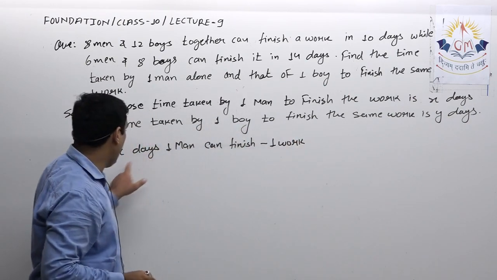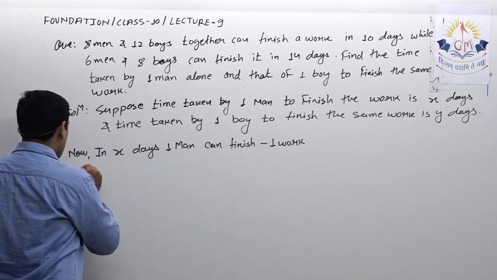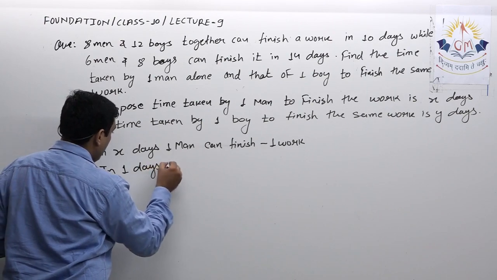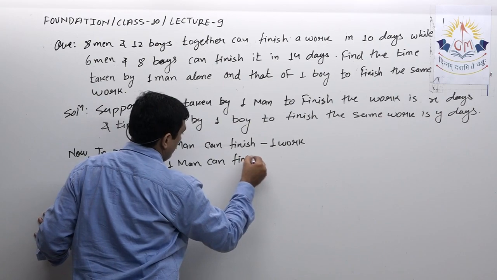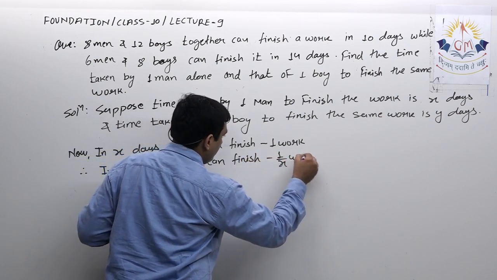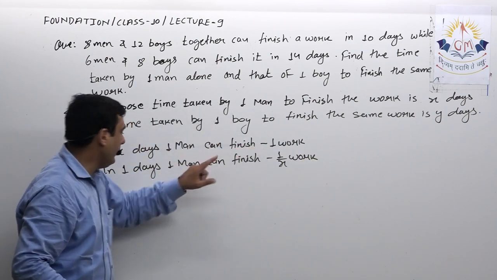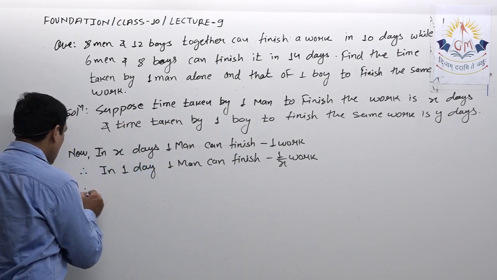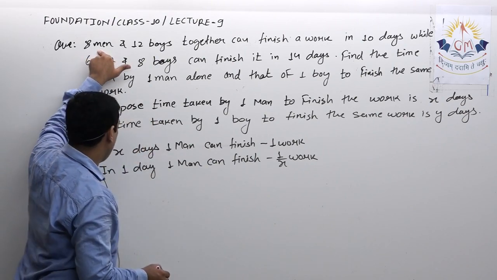We assume that in x days one man can finish one complete work. Therefore in one day one man can finish 1 upon x work, isn't it? In x days one work, so in one day 1 upon x work. Now here how many men are there? 8 men.